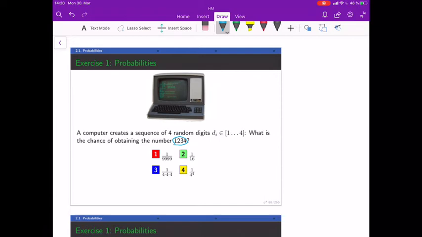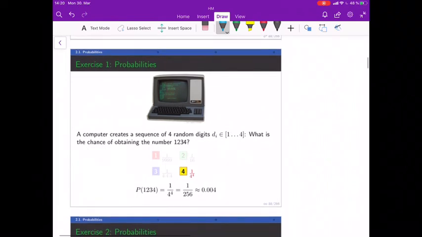You can pause here, and then I'll show you the answer. Yes, of course, 1 over 4 to the power 4. Let's explain it. We've got the choice between 4 numbers, 1, 2, 3, 4, and we're producing 4 of those.